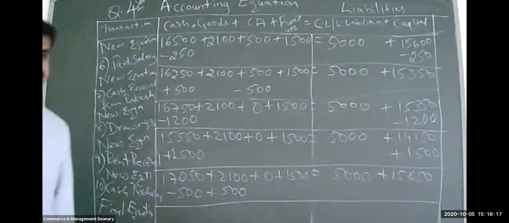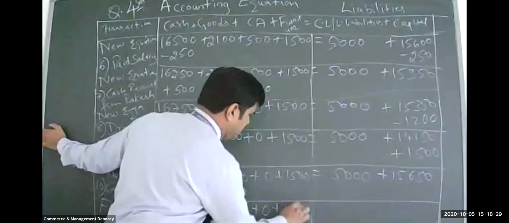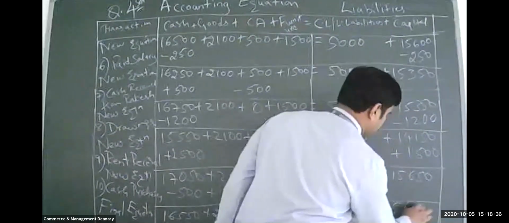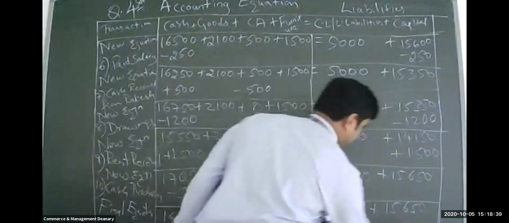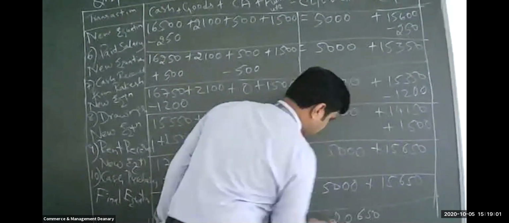Now the final equation. How much is cash now? 16,550. Goods 500, debtors 2,100, furniture 1,500, and capital 15,650. So how much will the total be? 20,650. And the liability side, 20,650.